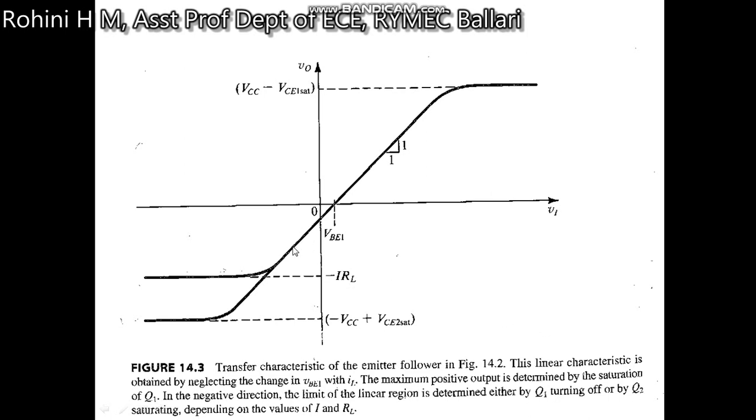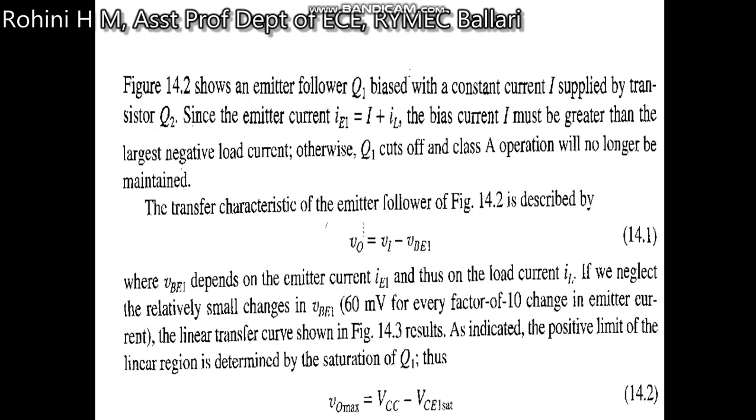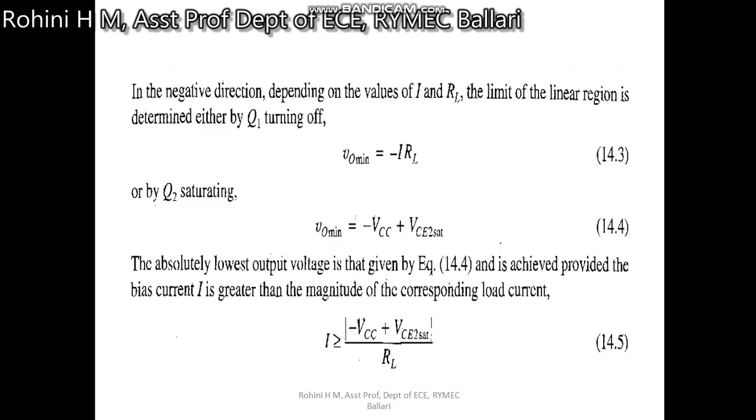Therefore both are shown here. So if it is turned off or saturated, two values are given. Here it may be minus I into RL, or it may be minus VCC plus VCE2 sat. So this is the transfer characteristics of the class A output stage.